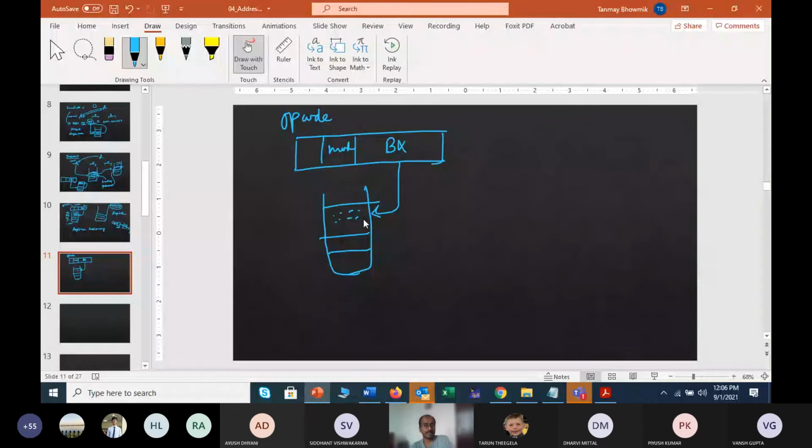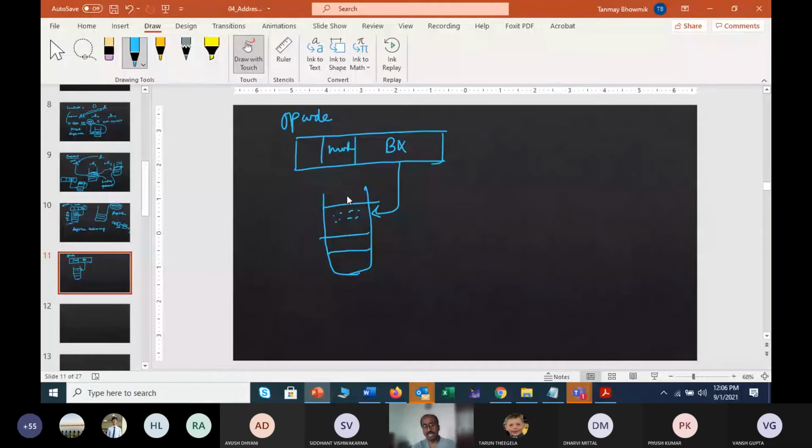Why can this be done? Because if you directly store the operand in a register, obviously it will be fastest, but your accessibility will be limited. Fewer data can be stored, and you may need to store a much larger amount of data. So instead of storing the data, you can store the address, then move to the address and fetch the data. That is another possibility.